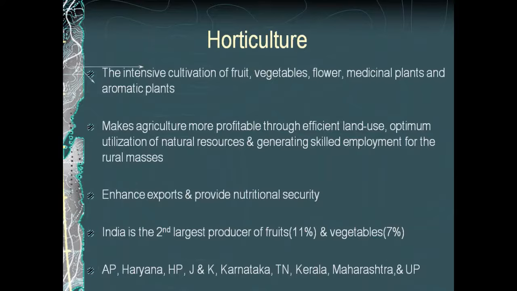The intensive cultivation of fruits, vegetables, flowers, medicinal plants and aromatic plants is called horticulture, which makes agriculture more profitable through efficient land use, optimum utilization of natural resources, and generating skilled employment for the rural masses.